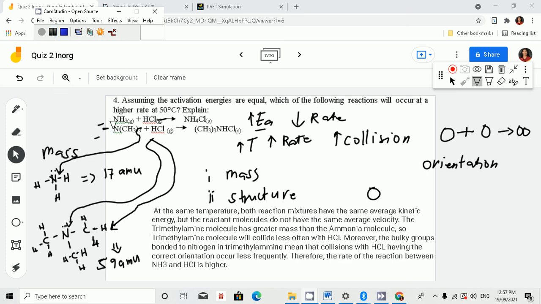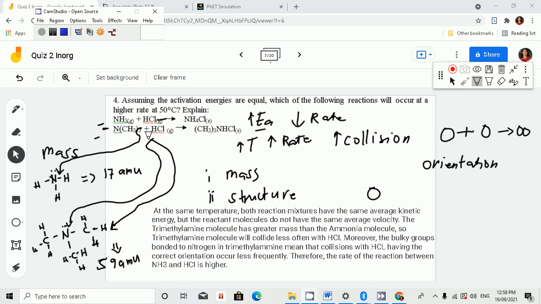Here, at the same temperature, both reaction mixtures have the same average kinetic energy, but the reactant molecules do not have the same average velocity. The trimethylamine molecule has greater mass than the ammonia molecule, so it will collide less often with HCl.